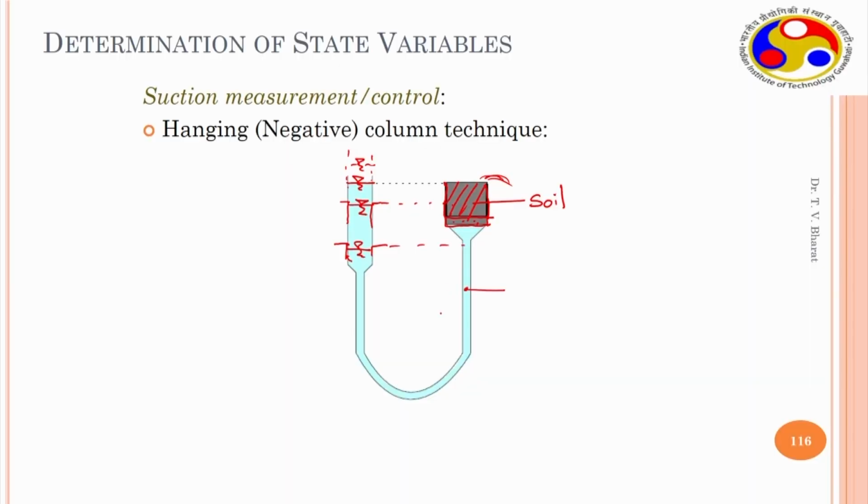Now if you observe the pressure in the water, that will be negative pressure, because if this is the midpoint or midsection of the soil, there is a negative head of minus h meters or millimeters maintained in this particular column. Under this negative head, soil is completely saturated or some water content may exist.